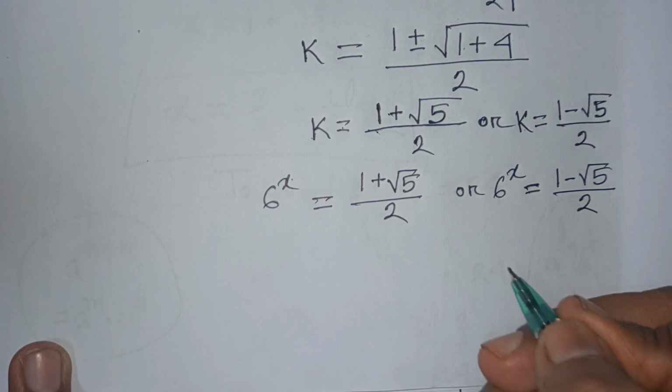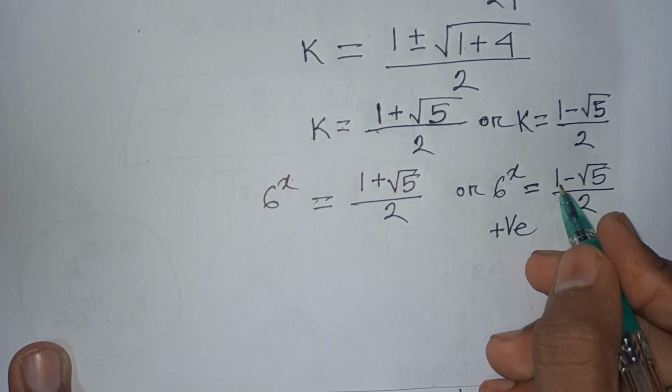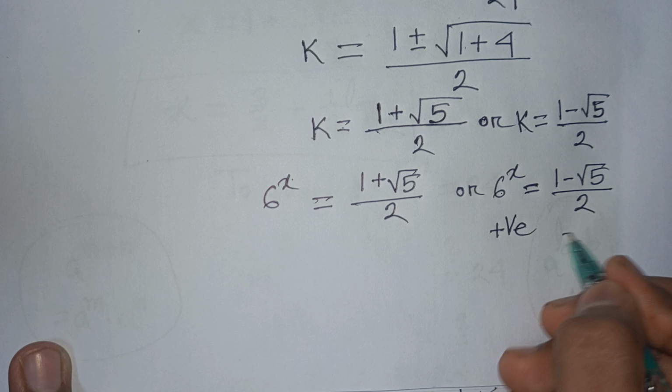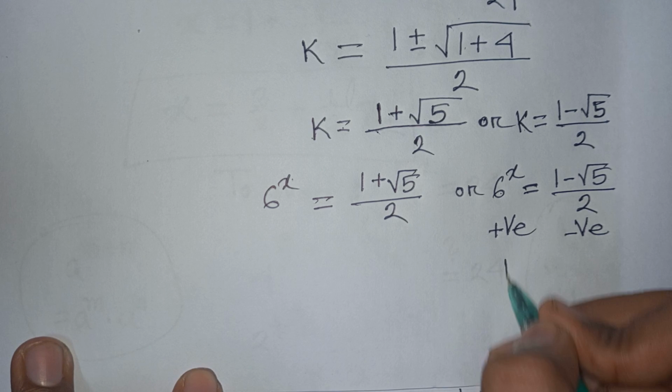Imagine x is any number, 6 power any number is always positive, but (1 minus square root of 5) divided by 2 must be negative. So positive cannot be equal to negative, so this is rejected.